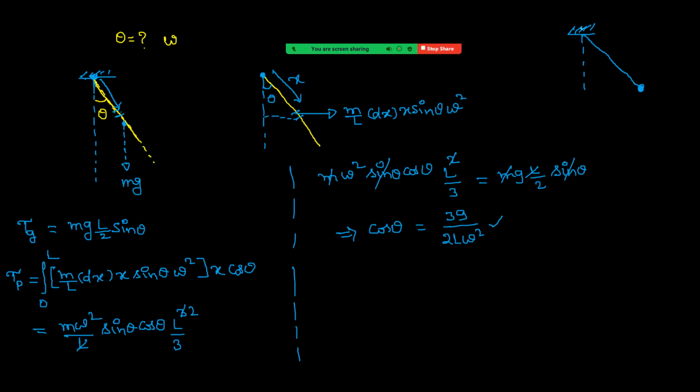The other, normal to the axis of rotation, only changes direction. That means about this point, angular momentum is changing. So now we have to find that angular momentum for this rod, then take dL bar by dt. That gives us the net torque, and that equals the torque due to gravitational force. Then we are going to get the same answer again. So you can try that.